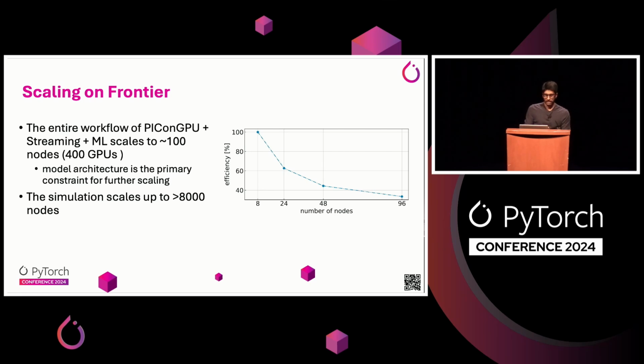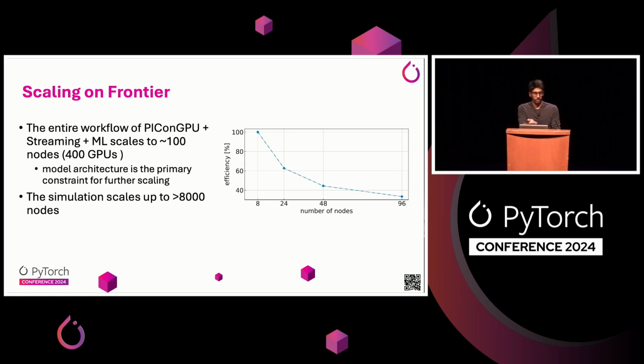To give you an idea of the scale that was achieved, I want to preface this by saying that not all model architectures are as scalable as LLMs. LLMs are a recent phenomenon, and there are still many ML models that do not scale as well. We ran into similar issues with our model, where we scaled it up to 100 nodes, or 400 AMD MI250X GPUs.